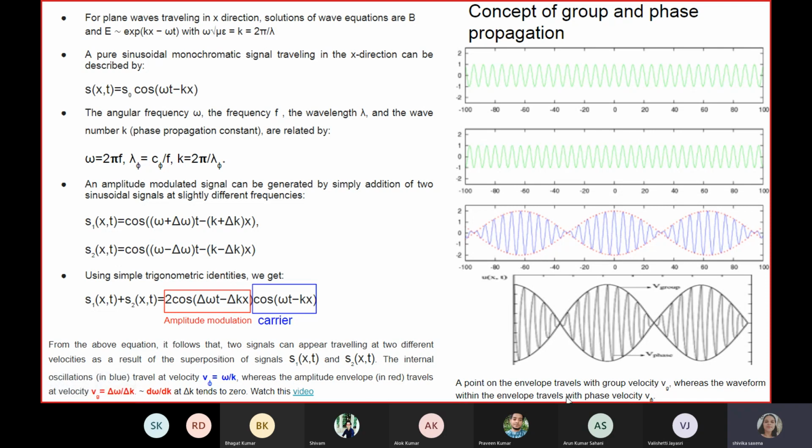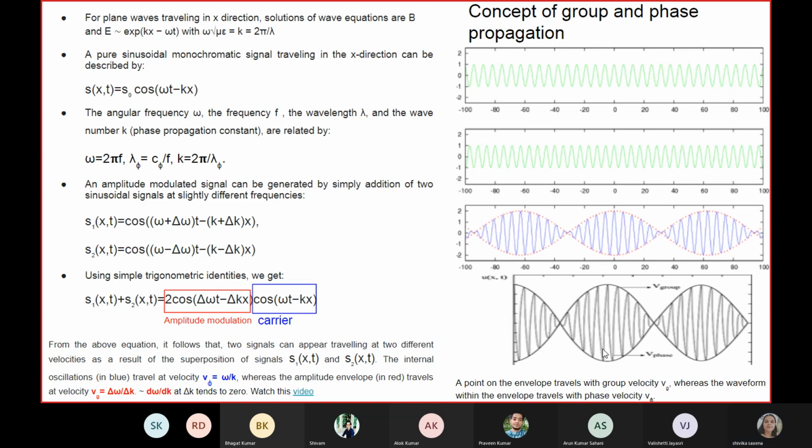So a point on the envelope travels with the group velocity, whereas the waveform within the envelope travels with the phase velocity v phi. In the last diagram, if you imagine a point on the outer envelope, it will appear to travel with the slower velocity known as the group velocity.